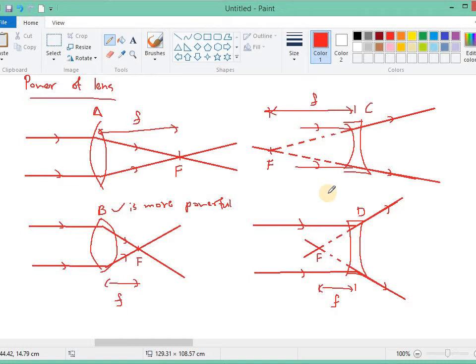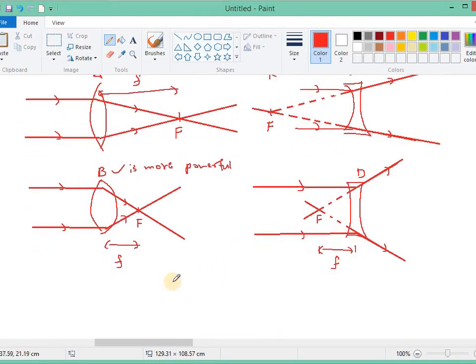All right. So how do we calculate the power of a lens? The way we calculate the power of a lens is we use the equation 1 over the focal length, and the focal length must be in the unit of meter.